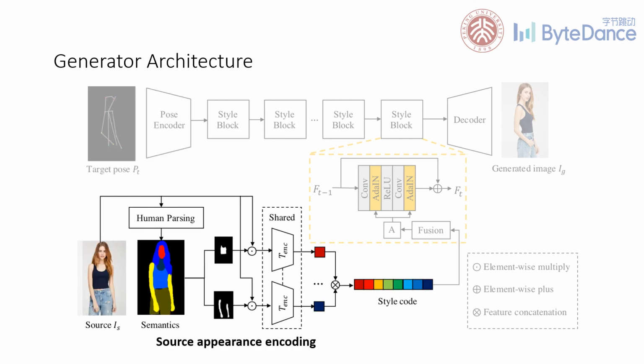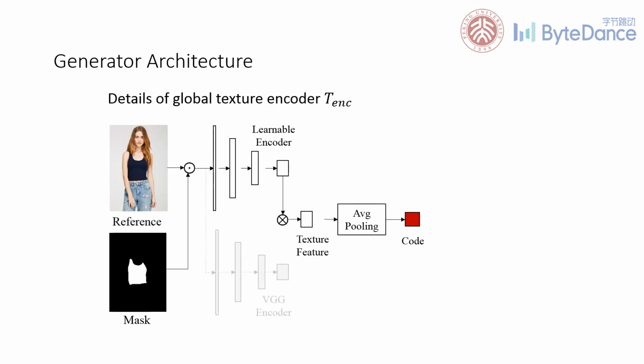In the source pathway, we further extract component layouts using an existing human parser and feed them into a shared global texture encoder for decomposed latent codes. The global texture encoder combines a pre-trained VGG encoder with a learnable one to improve the generalization ability.